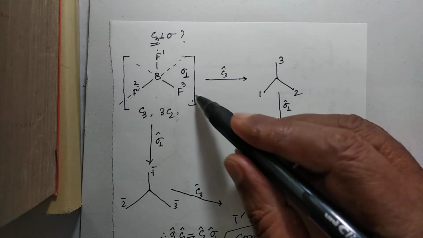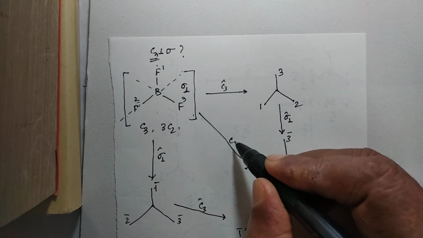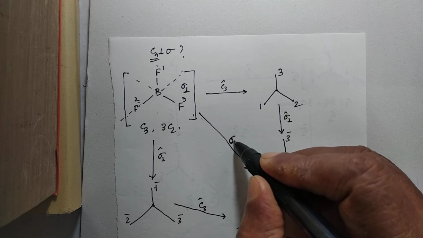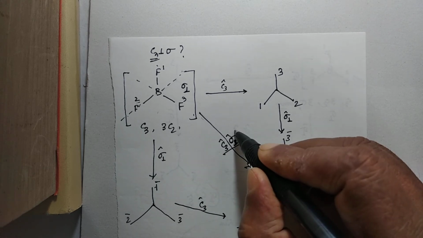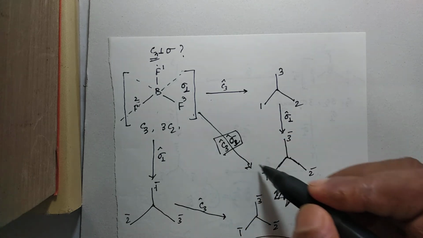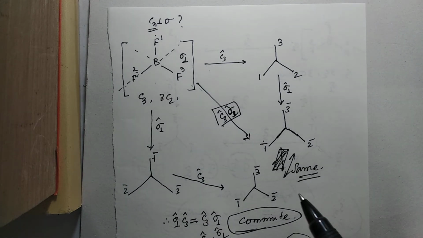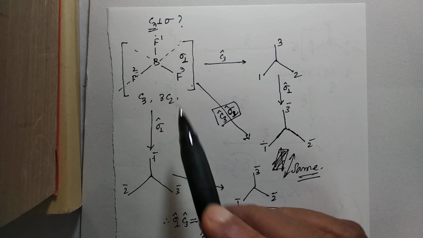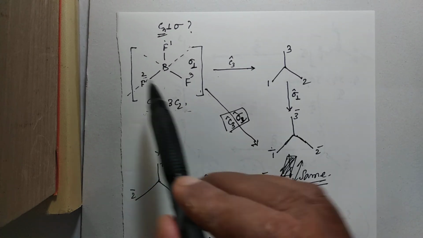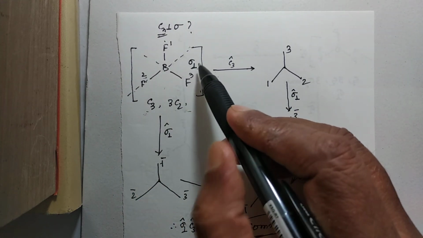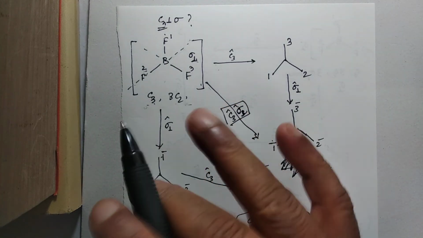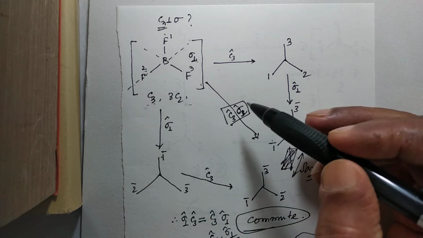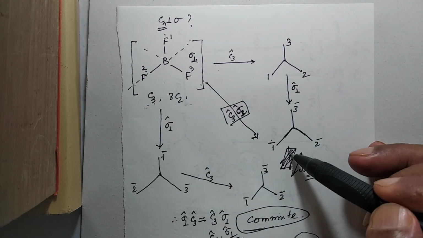This direct path should be written as a combined operation of sigma perpendicular C3. By a composite operation like this, you can come from here to here. No other operation derived from these elements separately, this reflection plane or this rotation axis individually, can cause this transformation from this one to this one.